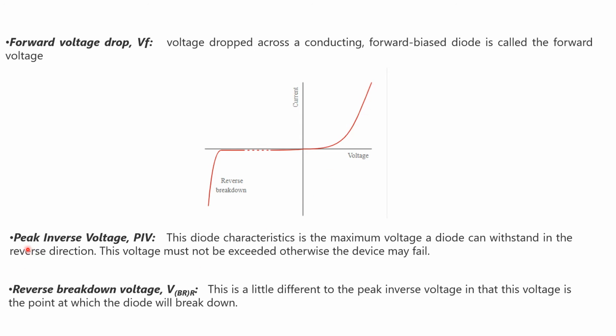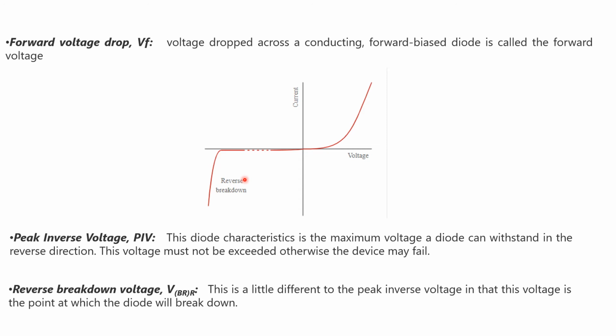Then next is the peak inverse voltage. What does it mean? If you apply reverse voltage to the diode, like giving the cathode positive and the anode negative, what will happen? It will be in the off condition, up to a certain point called the maximum PIV; up to that it will act as off.